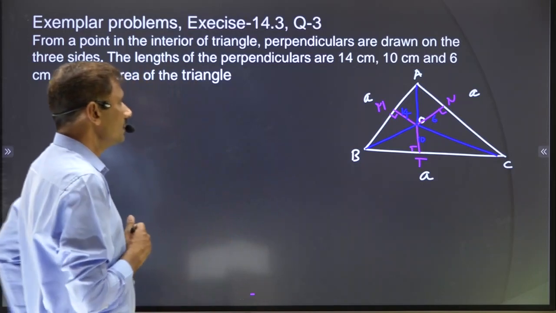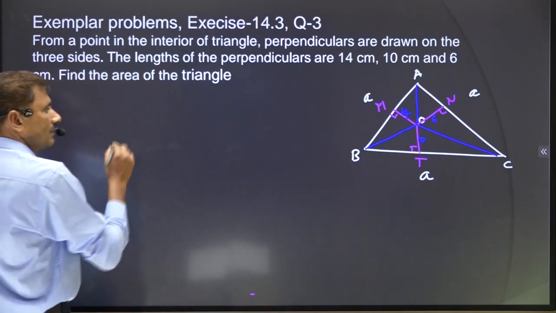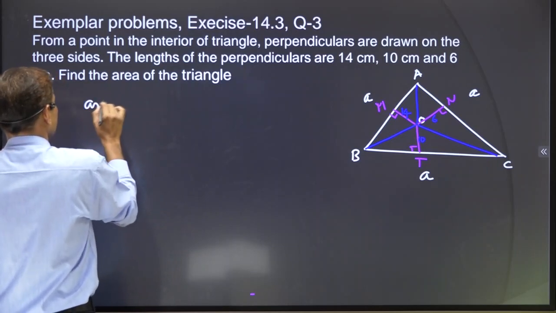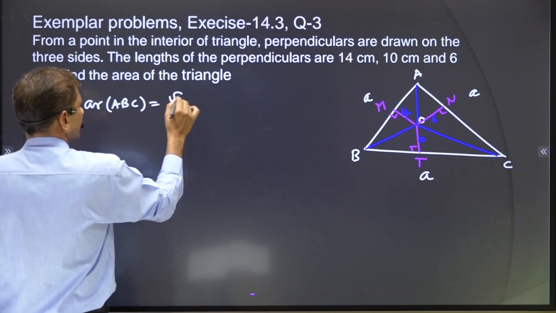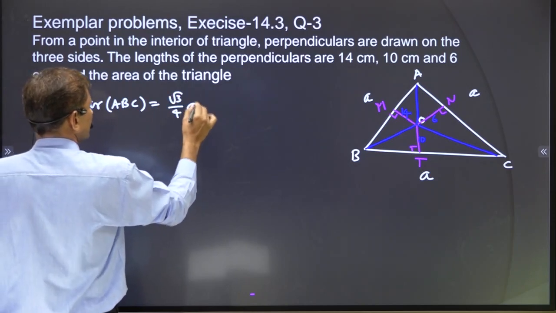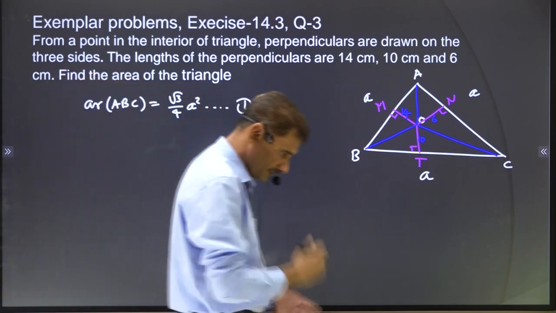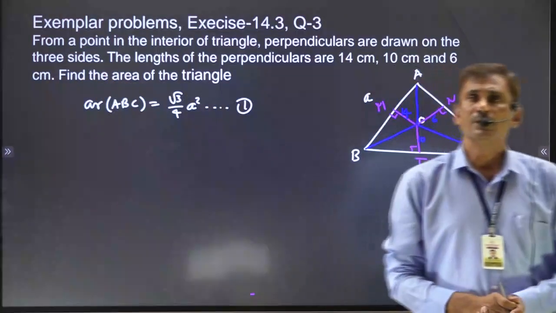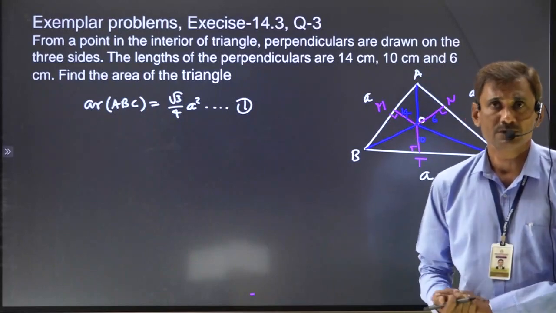Okay, so now let us first write the area of triangle ABC. I can write area of triangle ABC equals root 3 by 4 a squared. We can apply this formula directly, and call it result number 1, because we want to find the area of the triangle in a different way also.